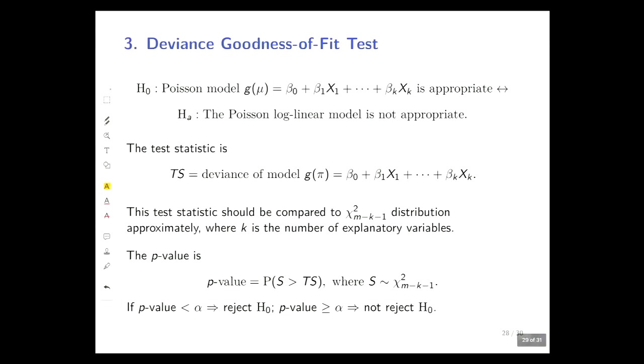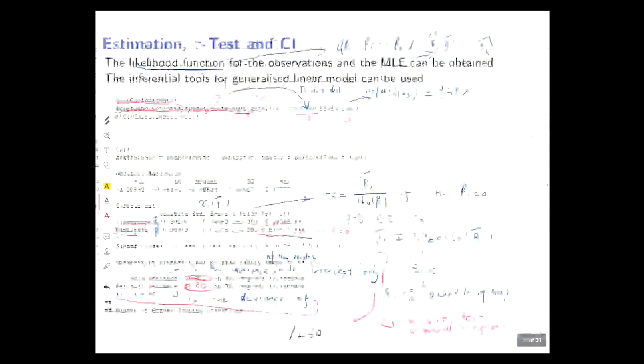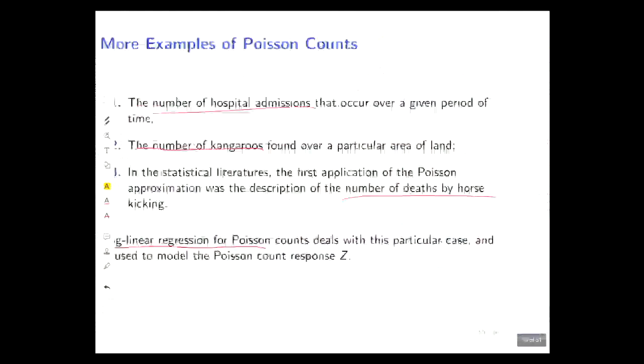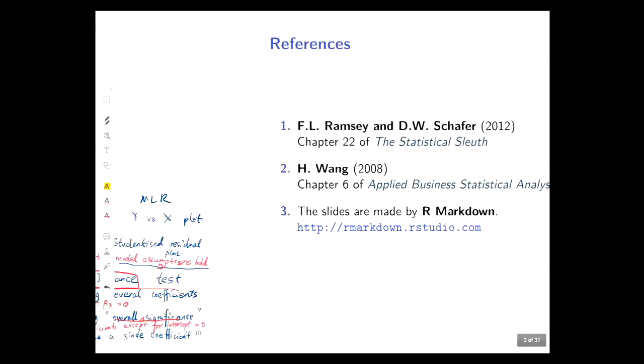So the last one is the deviance goodness of fit test. I have already mentioned it in the binomial logistic regression model, and in the beginning of the previous lecture, I also compared it to the dropping deviance test, if you still remember the deviance.